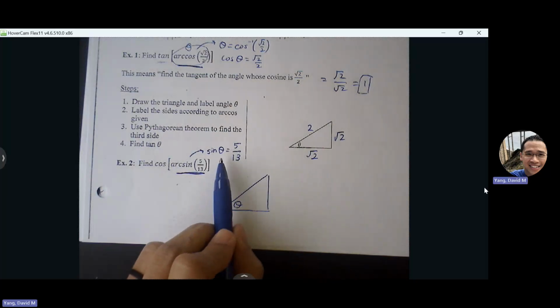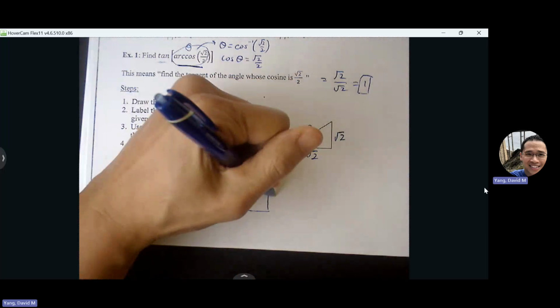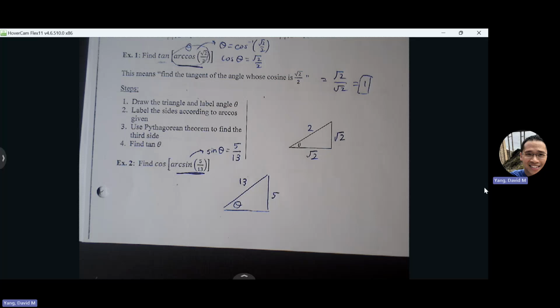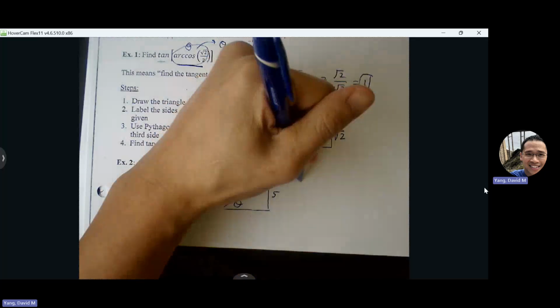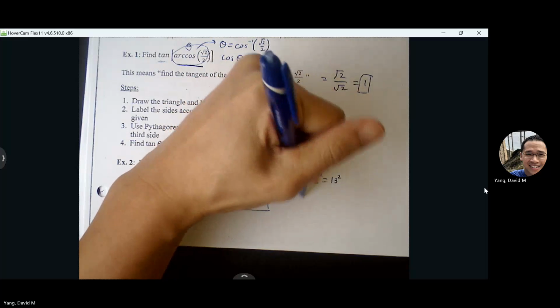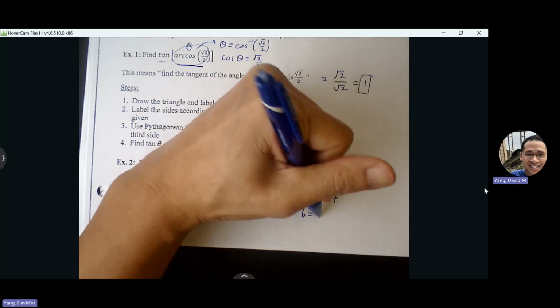If we want to create a triangle where sine of theta equals 5 over 13, where can we put the 5 and the 13? 5 is opposite and 13 is hypotenuse. Pythagorean theorem can help you get to that last missing side, a squared plus b squared equals c squared. You can use your calculator. It ends up giving us 12.